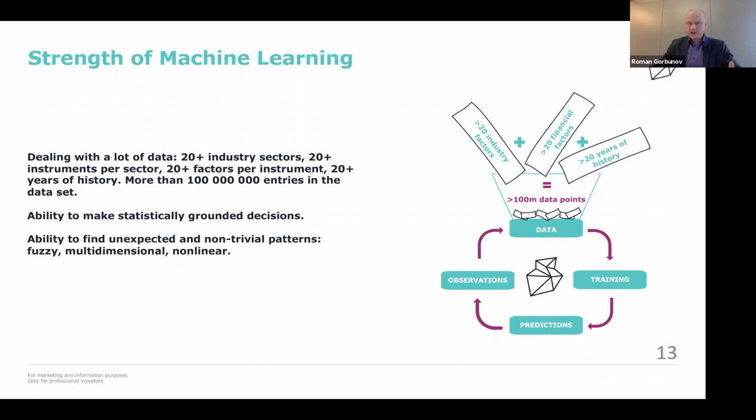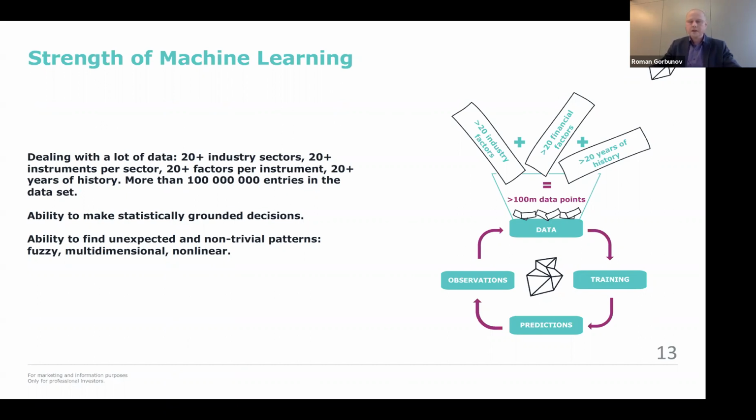Of course, to analyze such a huge data set could be very challenging for a human, but for machine learning, it's actually a perfect situation, because in the center of machine learning we have the data set, and the more data we have, the more chances we have to find useful, complex patterns, and the more confidence we get about the statistical significance of those patterns. So basically, a huge data set is what we need for machine learning, and this is a good thing for us.